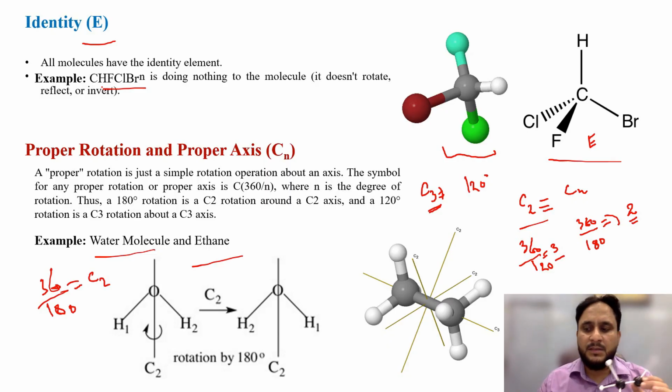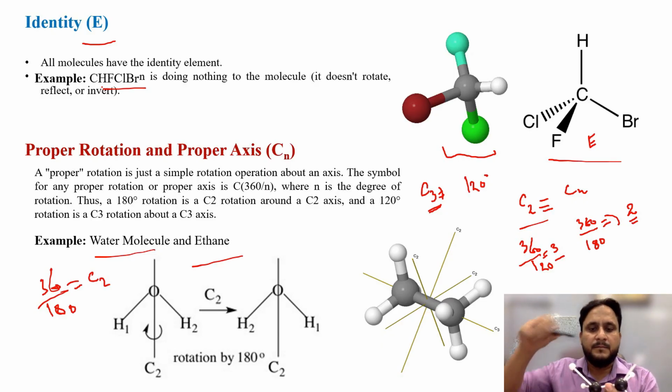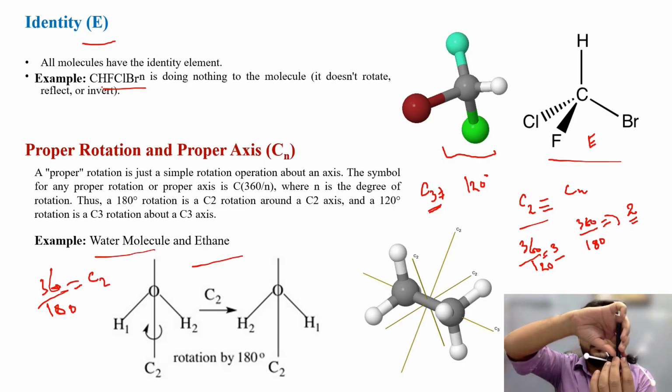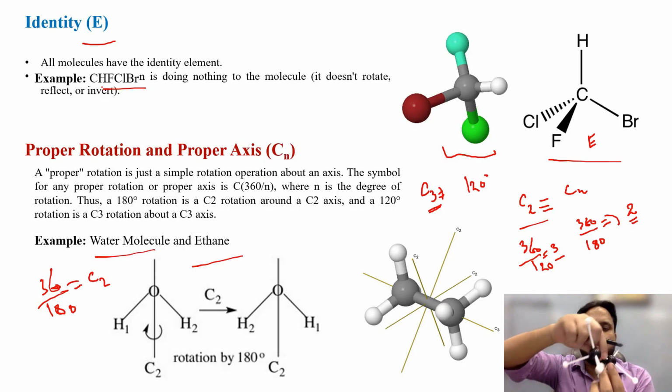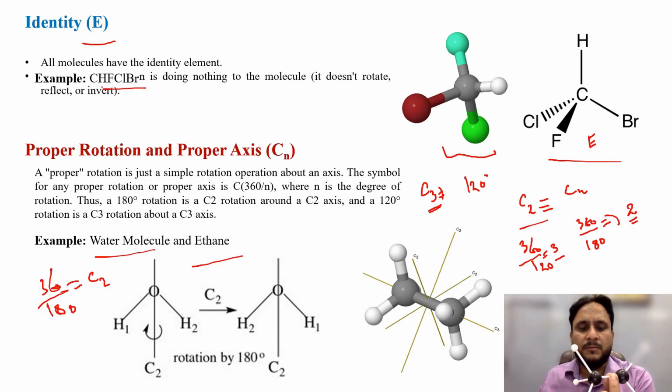Moreover, this ethane molecule also contains some C2 axes. The first C2 axis passes through this line, and if we rotate this molecule through this axis by 180 degrees, we will get the same molecule. Similarly, a C2 axis also passes through this; if we rotate it by 180 degrees, we will get the same molecule.